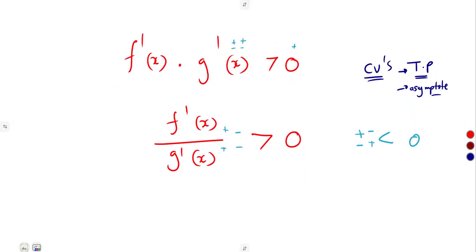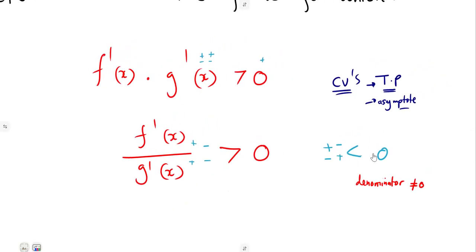And also, when we have got a fraction, the denominator cannot be equal to zero. So that is when you are given the derivative of g in the denominator, if it is of f. Here we are just going to say the denominator like this cannot be equal to zero.